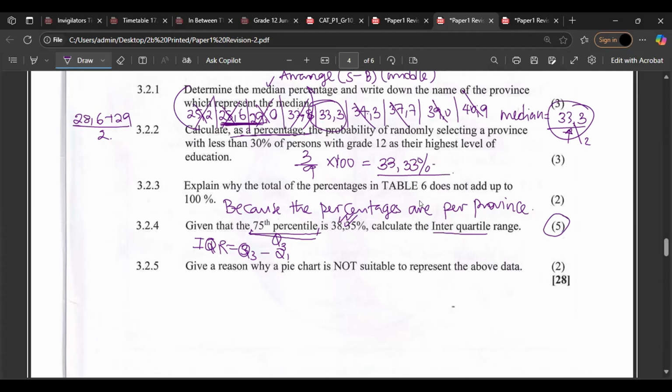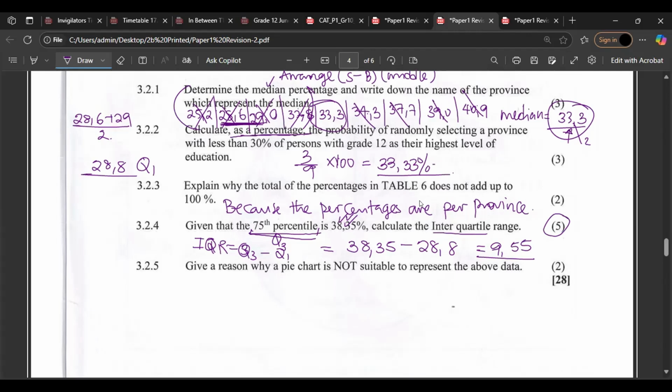Divide by 2, it's 28.8. So this is our Q1. Come and put it in the formula here: 38.35 minus 28.8. The answer became 9.55. That's your IQR, interquartile range.